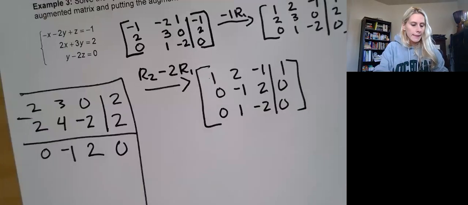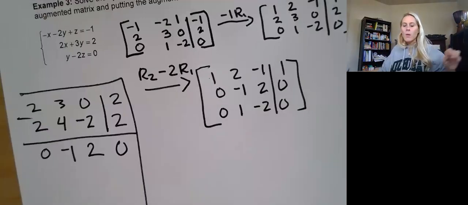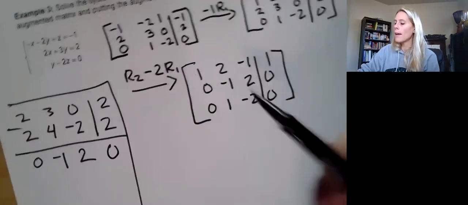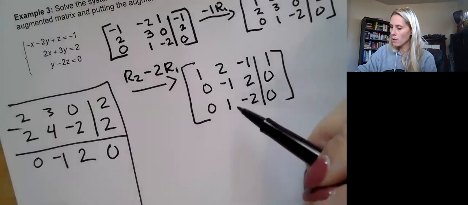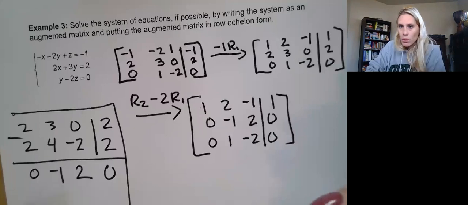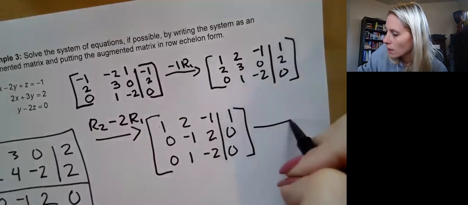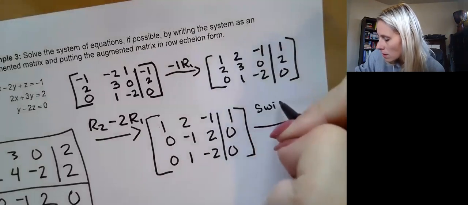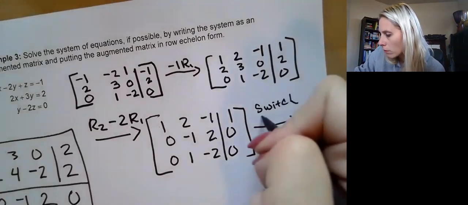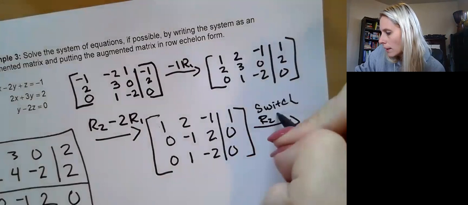All right, next up, what do we do? Well, if we look here, if I want 1 in this case, why don't I just swap row 2 and row 3? Because you can do that right in the middle if you need to. So the next step we're going to do is switch row 2 and row 3.